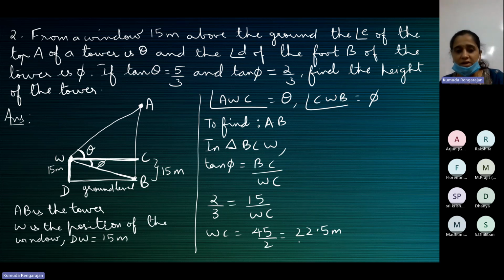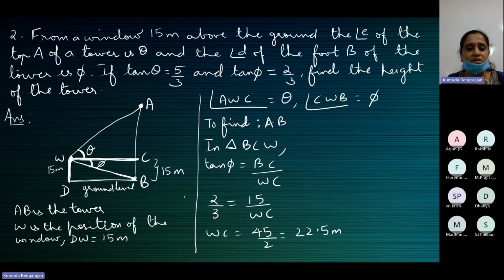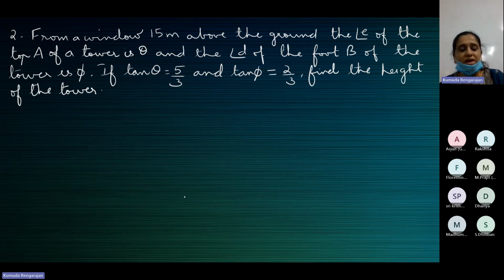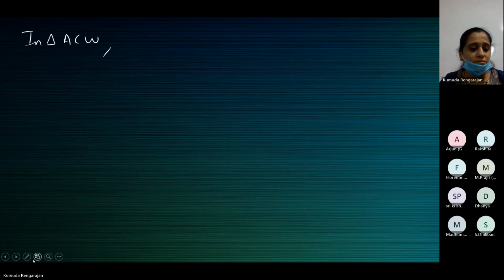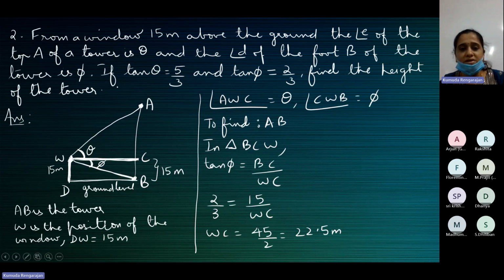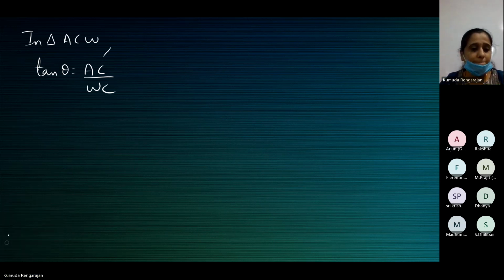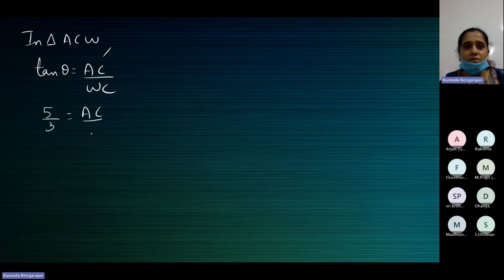Now we'll take up the other triangle, ACW. Again, tan theta is equal to opposite by adjacent. Opposite is AC. Adjacent is WC. So tan theta is AC by WC. We are given tan theta as 5 by 3, which is equal to AC, which we don't know, by WC, which we just found as 45 by 2.